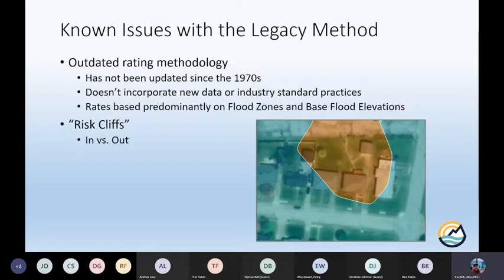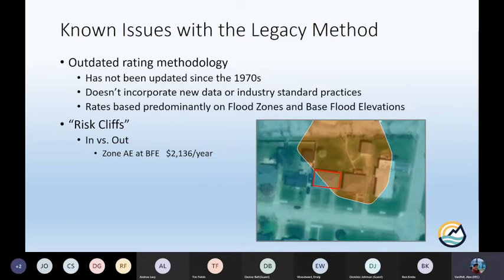Another issue with it is the risk cliffs. So for anybody who's talked to policyholders where you are just inside or just outside the floodplain, there's a huge difference. So for this structure here in the red box, if it's built at BFE, at the base flood elevation, it's touching the flood zone.